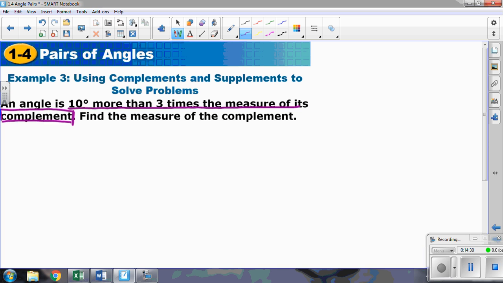What do they add up to? So we can use that to create an equation. An angle plus an angle will add up to 90 because they're complementary.